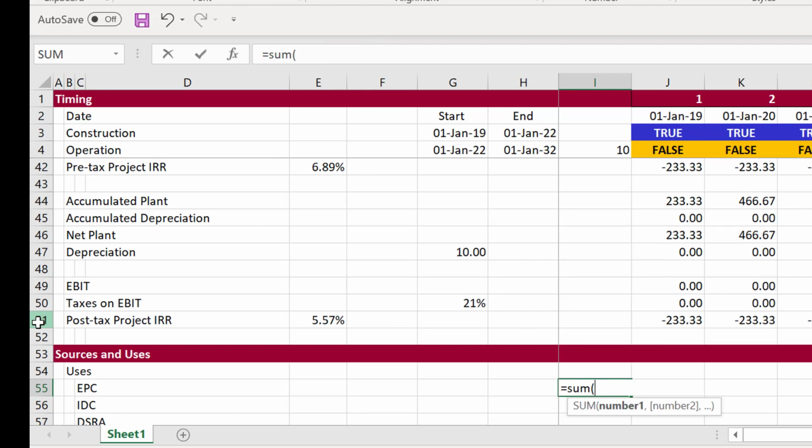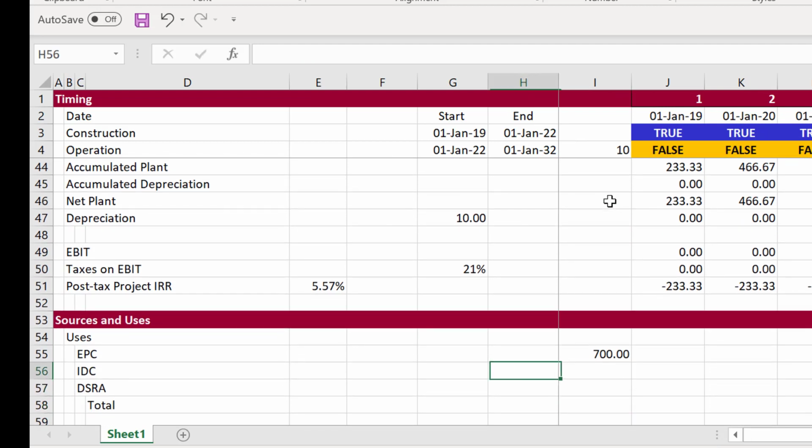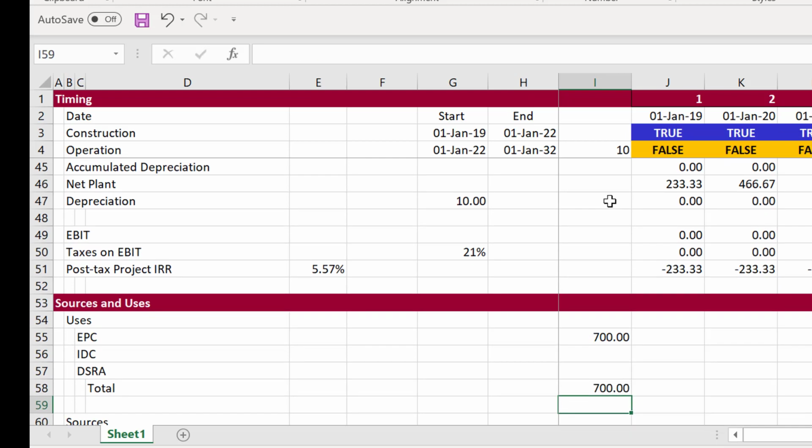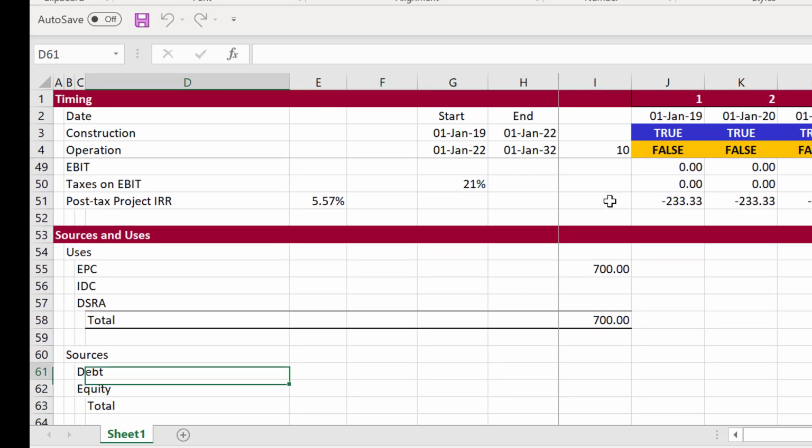I should put just a sum, and that was a horrible, stupid mistake. And we can get the sum of the IDC, but that doesn't come from below. So that's going to be our first circular reference. We're going to have some circular references related to the EPC and the DSRA, which we'll address in just a little bit. I'm going to leave it blank for a long time.